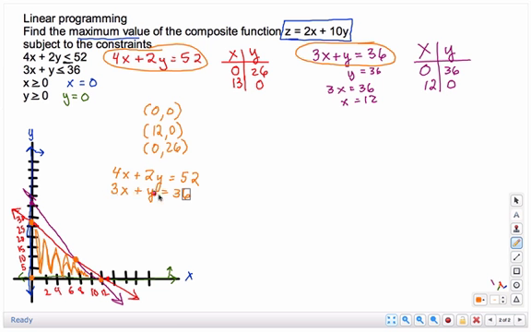I'm going to go ahead and use the addition method here. I see I have a 2y here. If I multiply this second equation by a negative 2, I'll have 2y and a negative 2y, and those will be able to eliminate each other. So let's go ahead and multiply both sides of this equation by a negative 2.